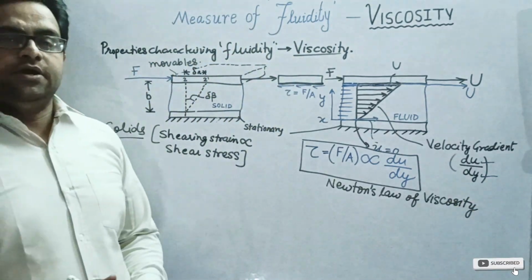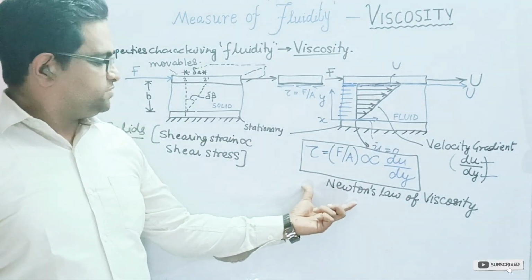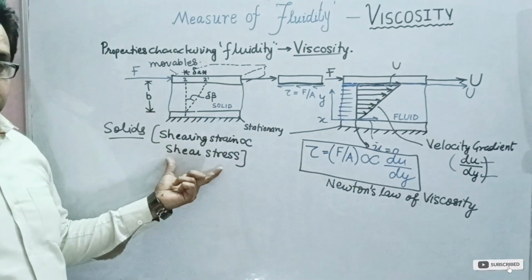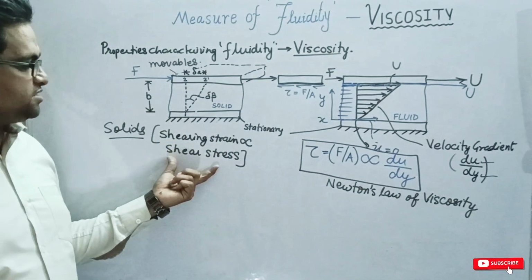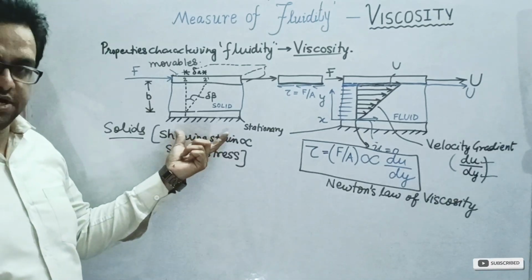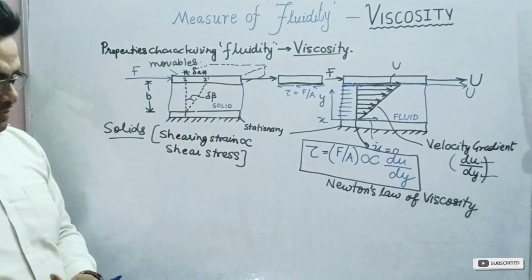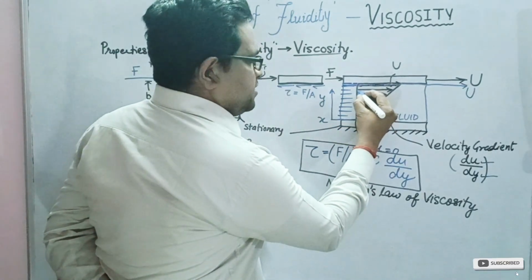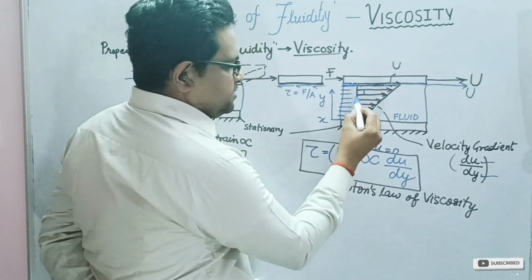Now we will also try to deduce another expression in terms of deformation, as we have obtained here that the shear strain is directly proportional to shear stress, or in other terms, shear stress causes a shear strain and both are directly proportional to each other. To understand that, let us assume that this is a fluid element at some time, say t0.